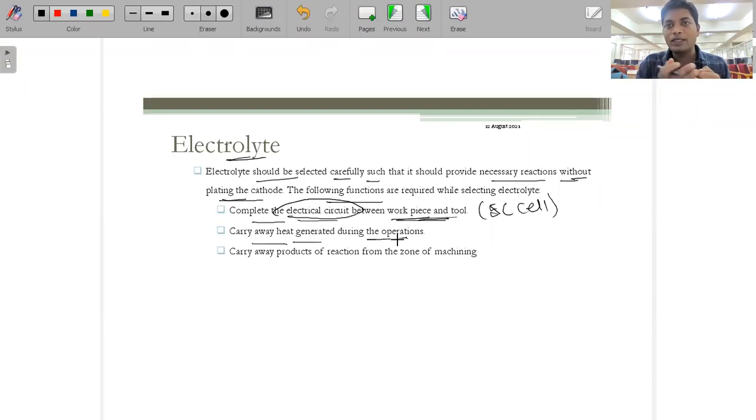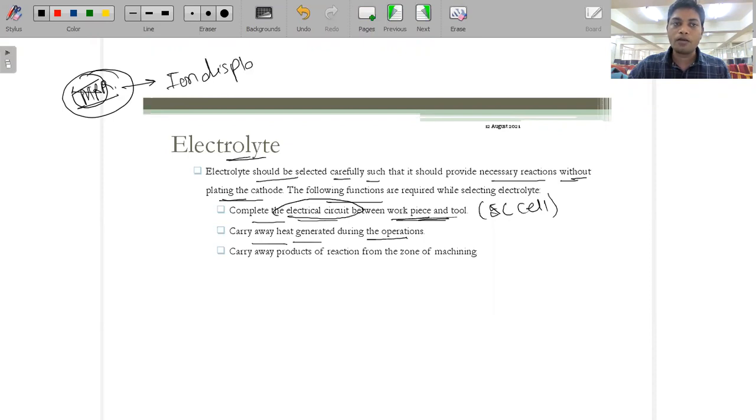On behalf of heating, the material does not start removing; rather, the ions start releasing from the workpiece area or from the electrolyte, and they are basically reacting. So please keep in mind how the material is removed. The material removal in ECM, or electrochemical machining, takes place due to ion displacement. By the way, I had to discuss this in the last slide, but I forgot to include it. Ions are moving from here and there, and because of that only, the material is removed.